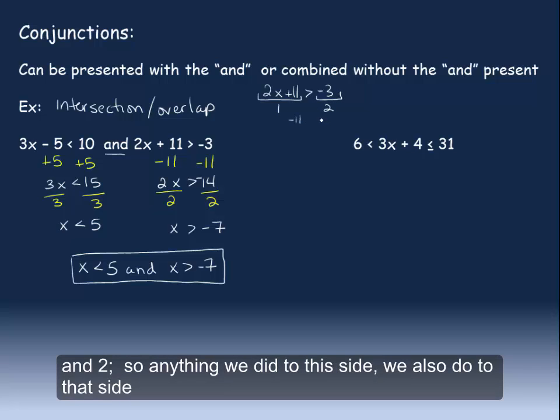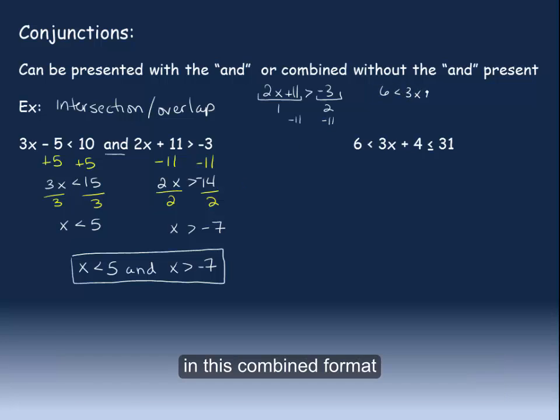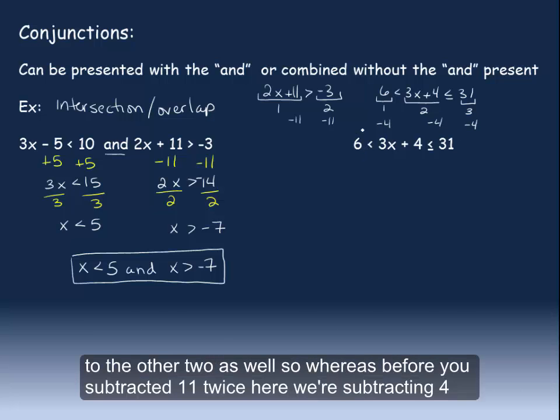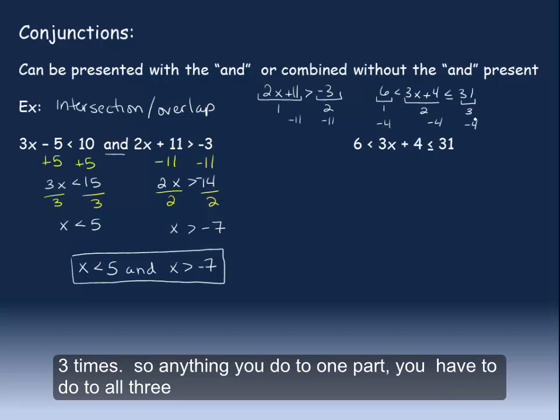So anything we did to this side, we also do to that side. In this combined format, we don't have two sides, we have three sides, 1, 2, and 3. So anything we do to the one, we have to do to the other two as well. Whereas before you subtracted 11 twice, here we're subtracting 4 three times. So anything you do to one part, you have to do to all three.